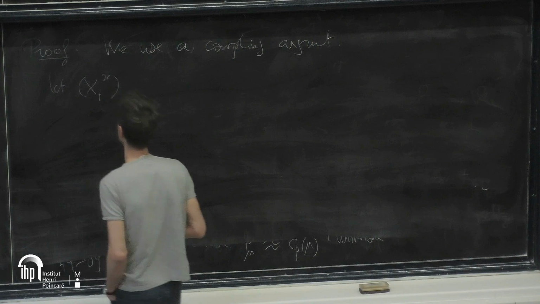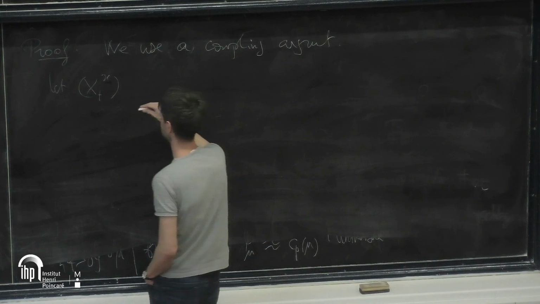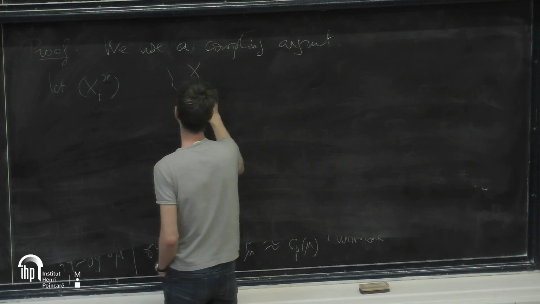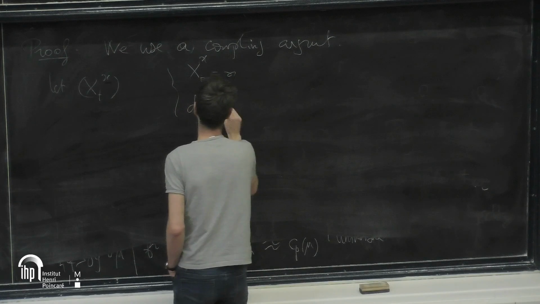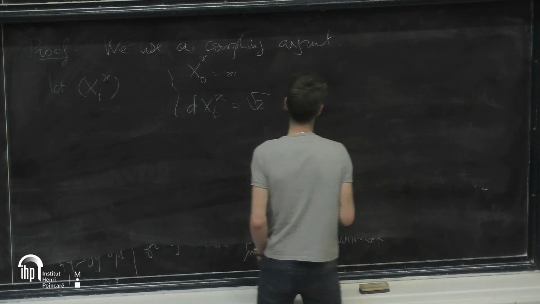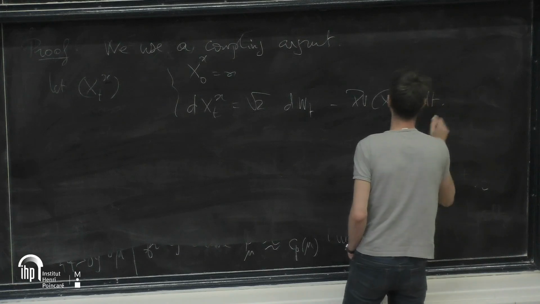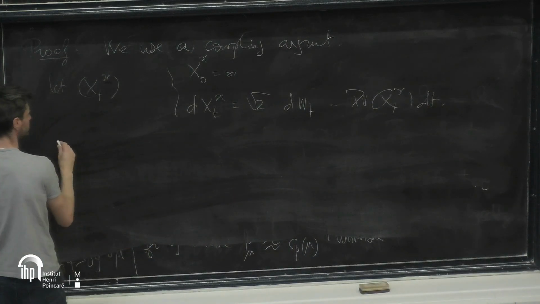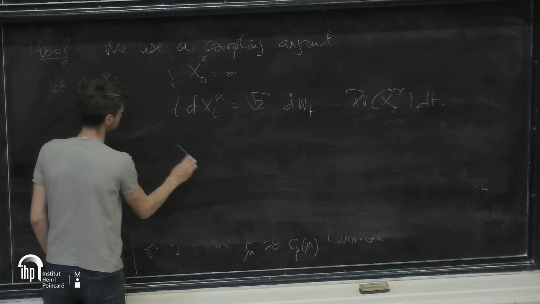We use some notation: I will put x as an exponent here to express that I start from x. So X0^x is x, dXt^x equals square root 2 dBt minus grad V dt. And define Xt^y similarly.